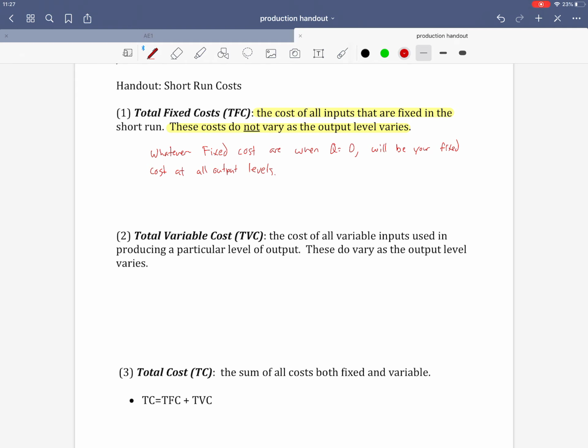So whatever your total fixed costs are when you're not producing anything, that's going to be your fixed cost at all production levels.